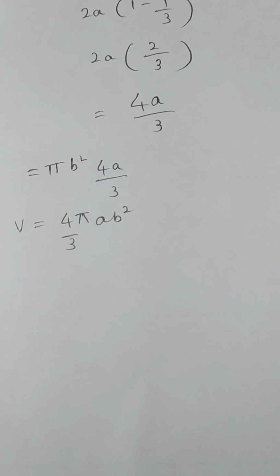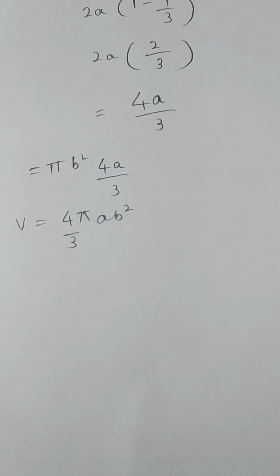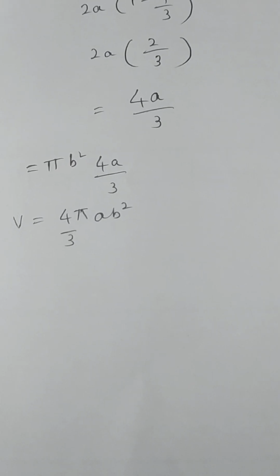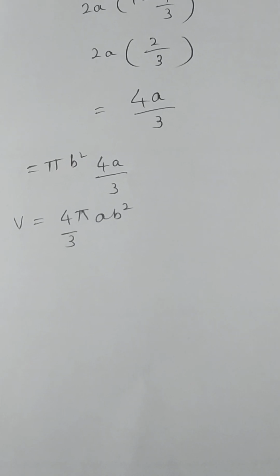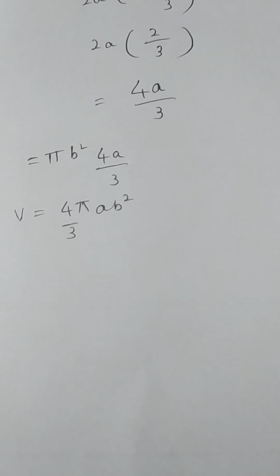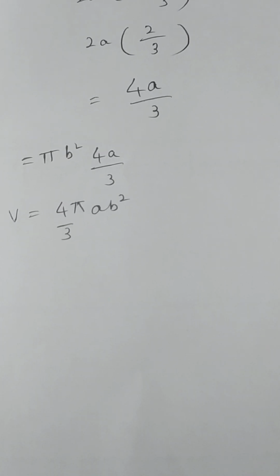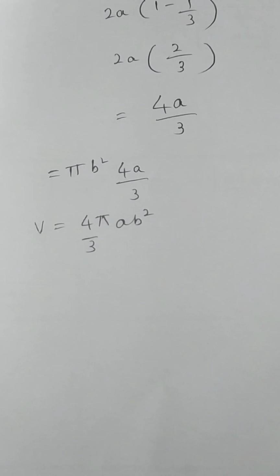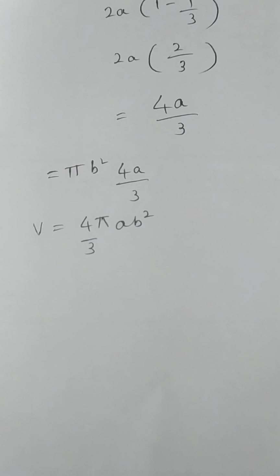So V is equal to pi integral minus a to a y square dx. After isolating y square, the value which we got, we substitute in place of y square. Then we integrate this. After integrating, the final answer we get is V equal to 4 by 3 pi ab square.